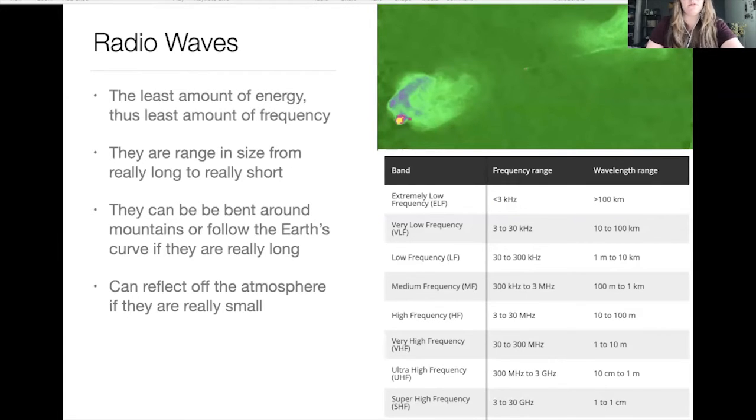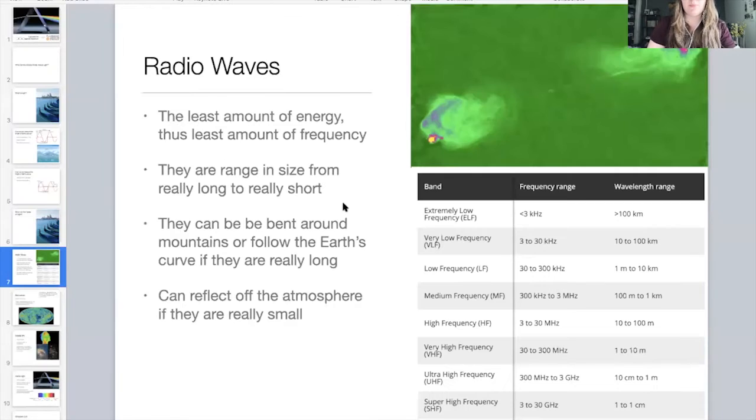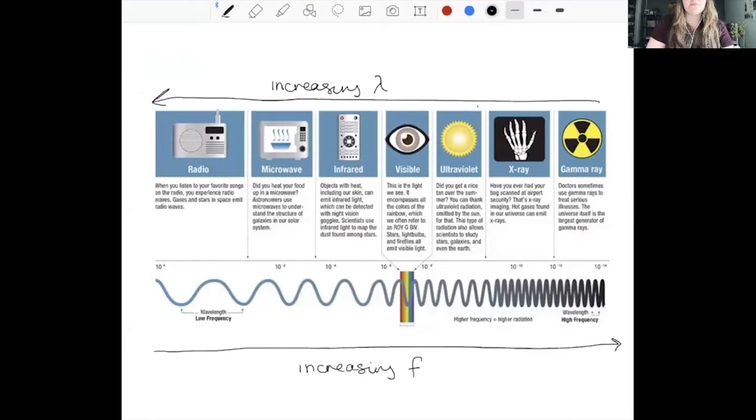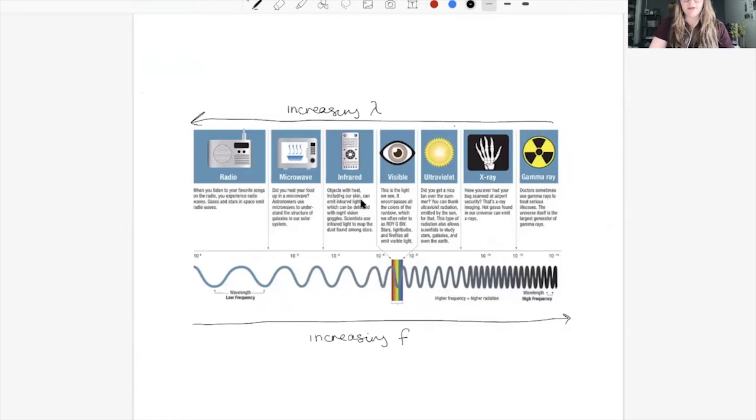Actually, let me bring this image up that I want to show you. So we'll do new share of this. This is an example of the light spectrum, the electromagnetic spectrum.